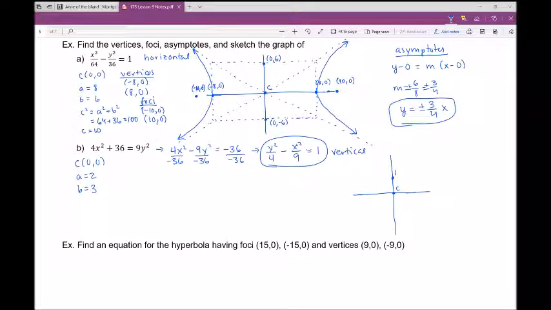So we get 0, 2 and 0, negative 2. And we'll go 3 units in each horizontal direction from the center. So we get 3, 0 and negative 3, 0. Okay, so these 4 points are what determine our inner box. And so we'll go ahead and sketch that box. And we can go ahead and get our asymptotes.